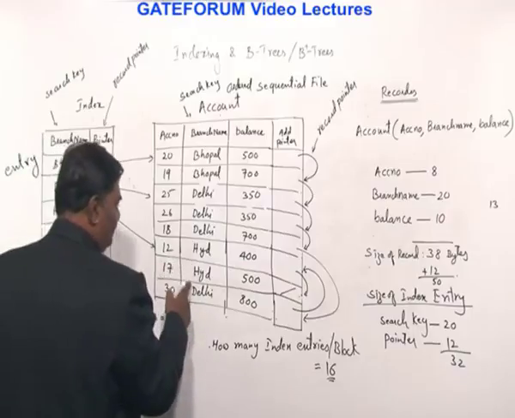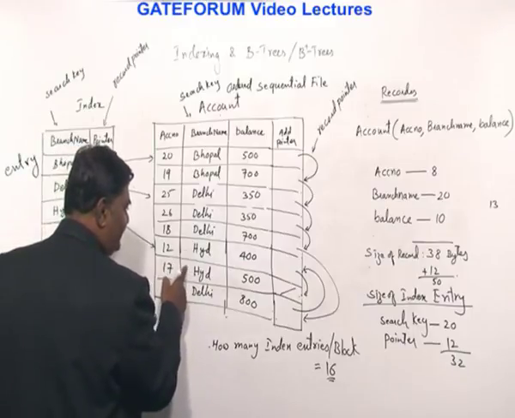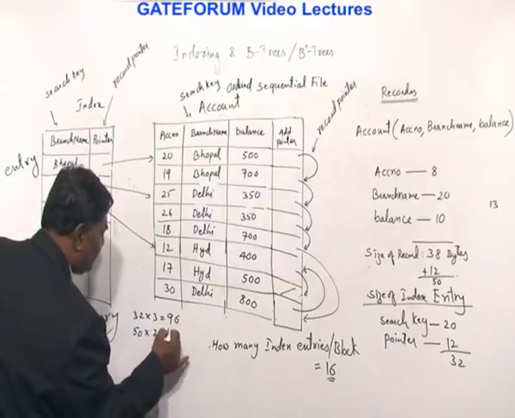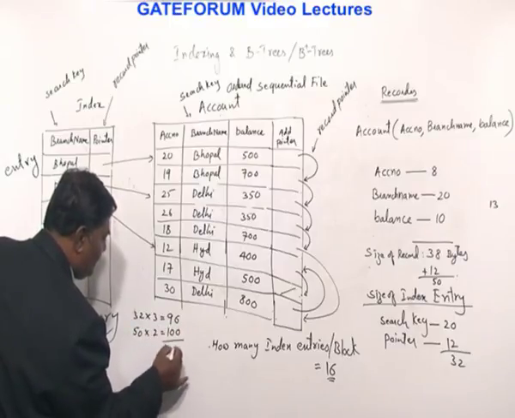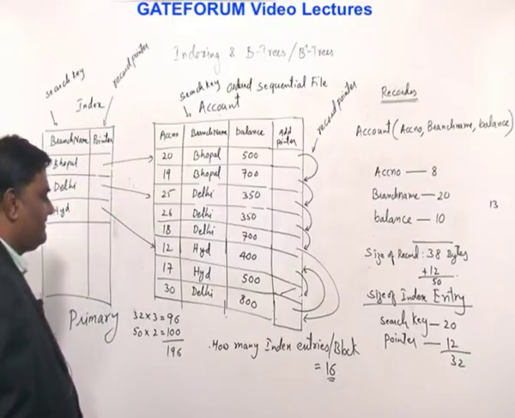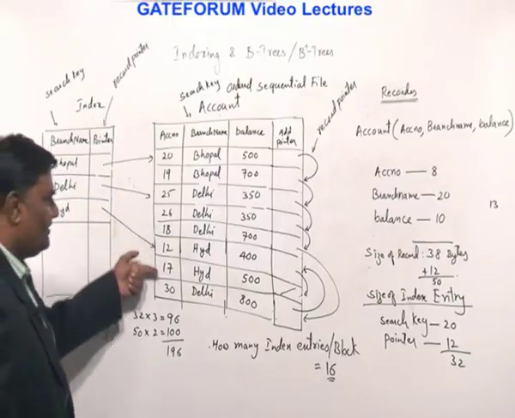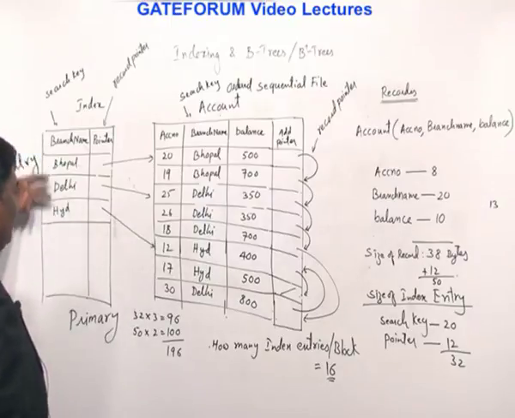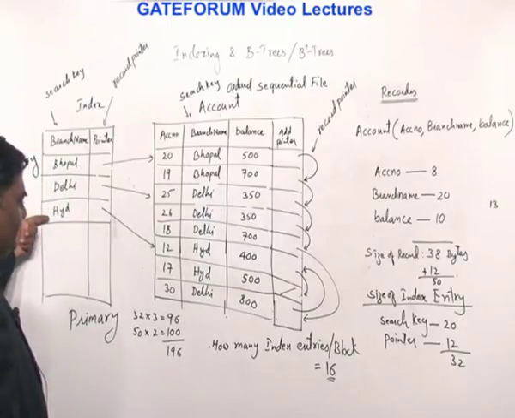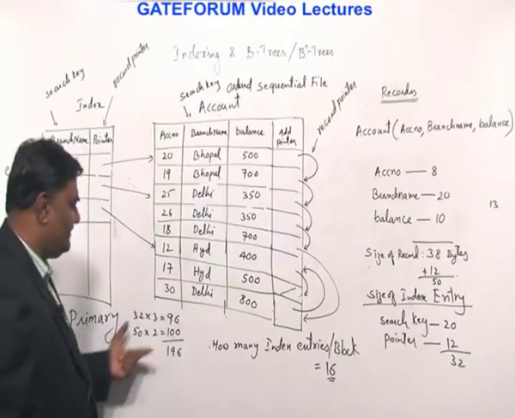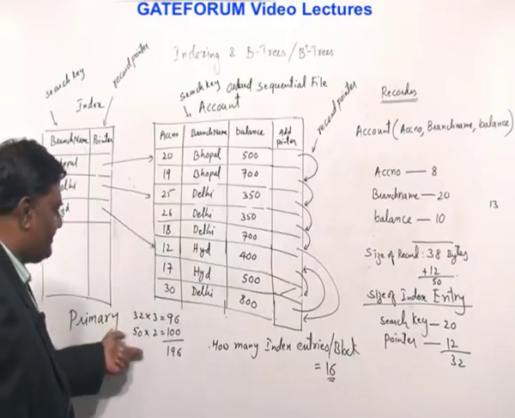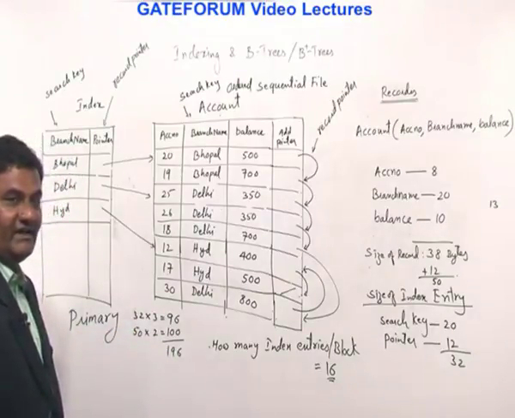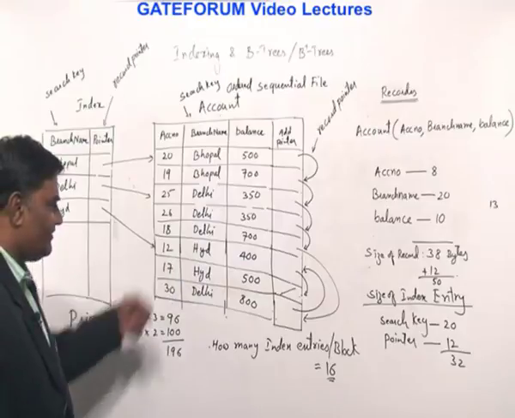Then next, I am accessing these two, so 50 into 2, that is 100. So in total 196 bytes I am accessing to find the records that belong to Hyderabad. So 3 entries from here, total 96 bytes, and the 2 records from here, that is 100 bytes. So total 196 bytes I am accessing to reach these records.